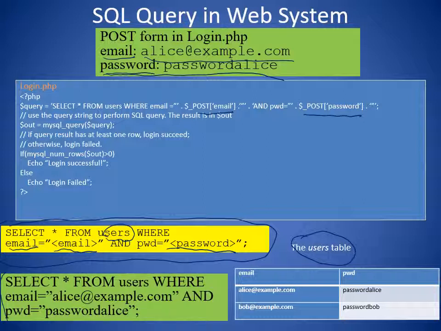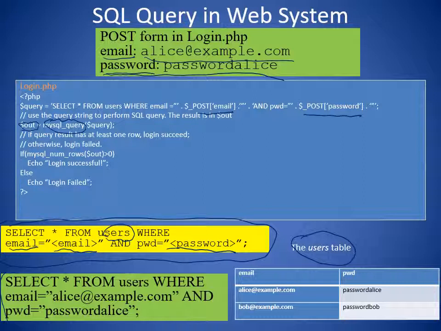Basically, it means it will select the records from users where the email is alice@example.com and the password is password alice. Then this SQL statement is executed by invoking the MySQL query statement, and it will look up the table and generate the data set assigned to the out.